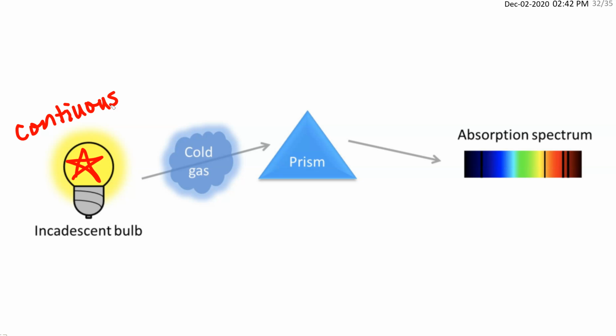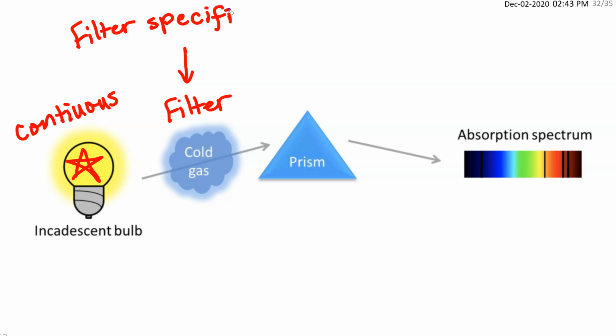So this cold gas acts like a sort of filter. And what happens is it filters specific wavelengths based on the composition of the gas.